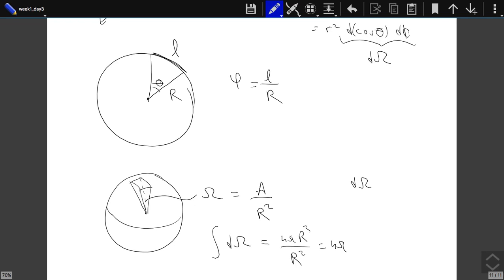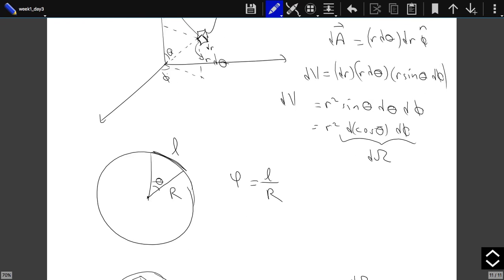Where? In the omega? No, in dV. In dV we have r squared dr, yes, you're right. So this is a solid angle. And actually, if you put in the theta and phi limits, cosine theta changes from -1 to 1, and phi changes from 0 to 2 pi. The integral is actually 4 pi, as it should be.